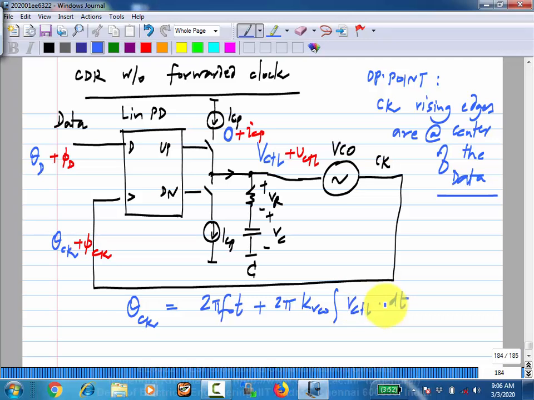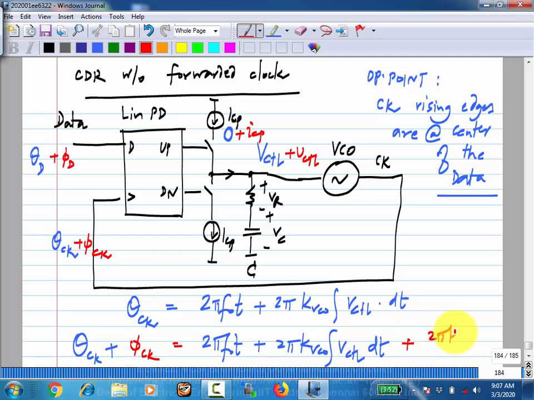This is the operating point V control. Okay. And with the perturbation applied, you will have the same terms plus the increment term. So this is the output phase increment when you have a control voltage increment of V control. Okay, is this fine?